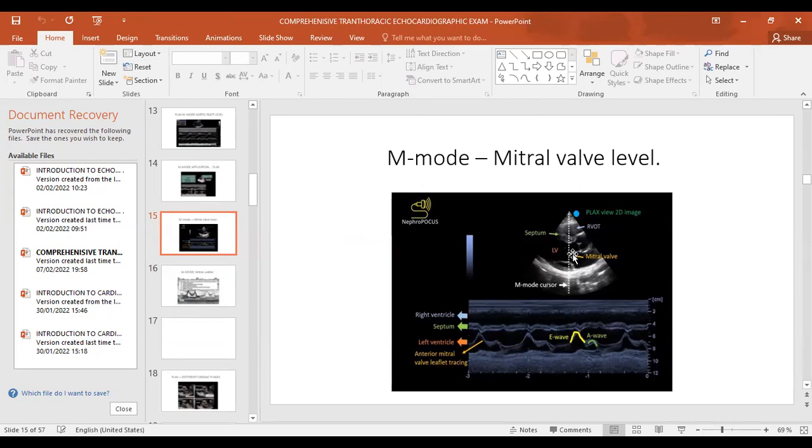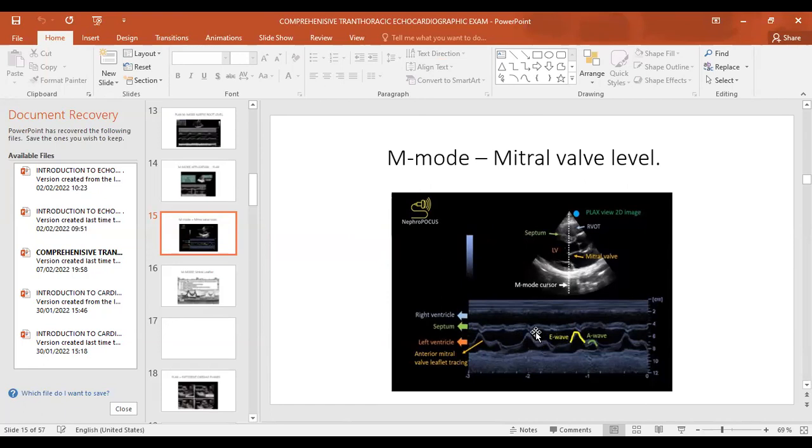It is represented by this, it's touching there. You've seen the anterior mitral valve leaflet track. This is the contact that I'm talking about, the contact to the septum. This is good. Now we measure the distance from there, that small space which is there.